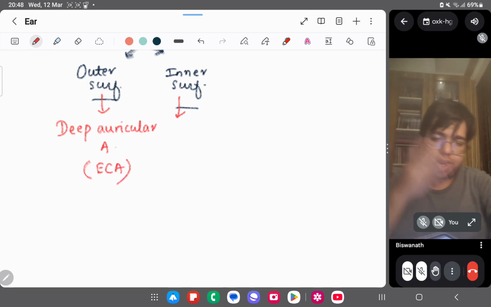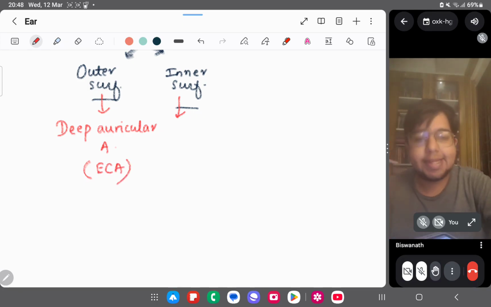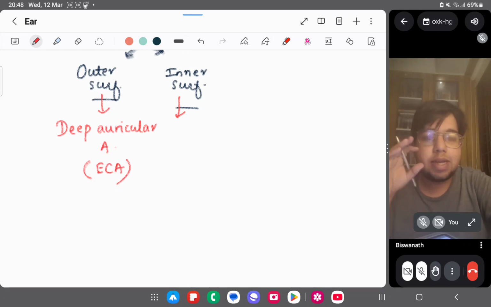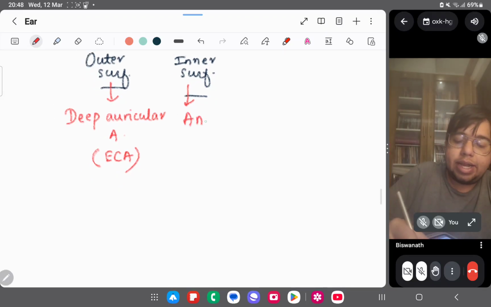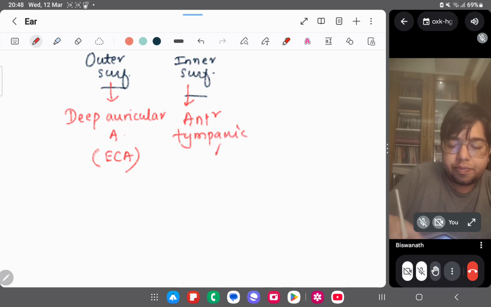The external carotid artery will divide into the first part of the maxillary artery. From the first part of the maxillary artery, this deep auricular artery basically arises, right? And the inner surface is given by the anterior tympanic artery.